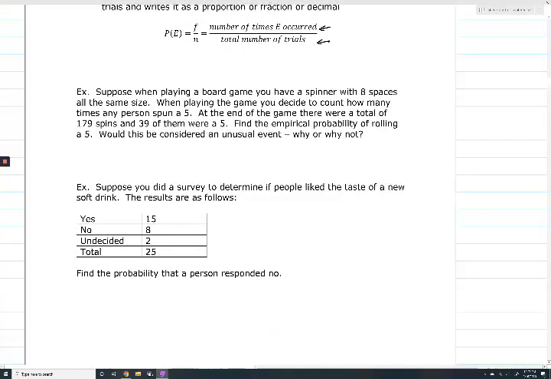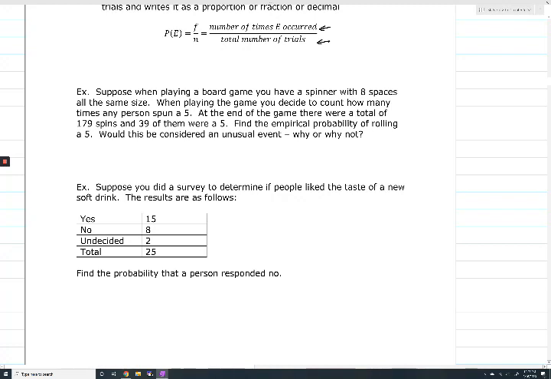So suppose we have a board game with a spinner with 8 spaces, all of the same size. When playing the game, you decide to count how many times someone spins the number 5. At the end of the game, there was a total of 179 spins. 39 of them were 5. Find the empirical probability of rolling a 5.